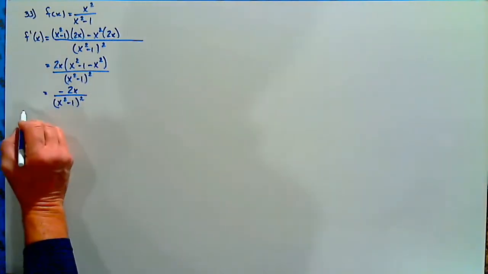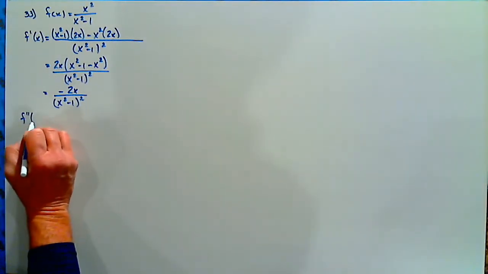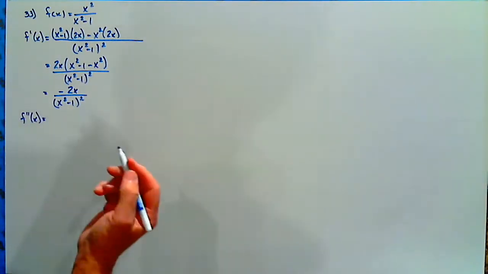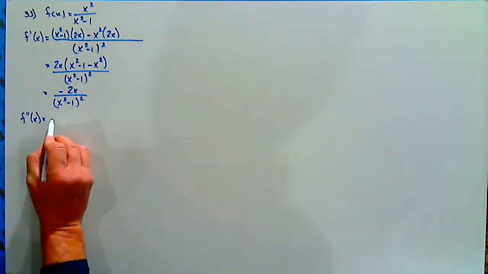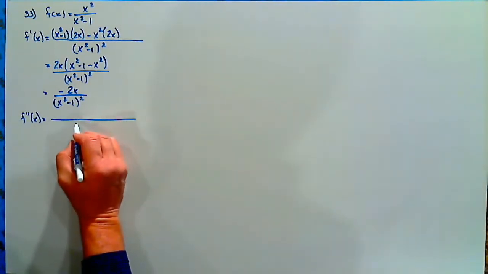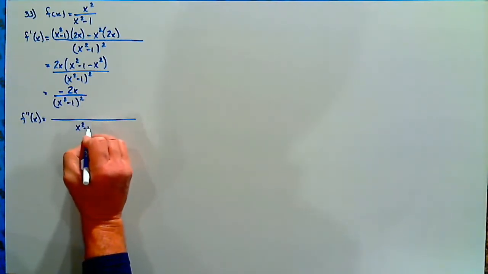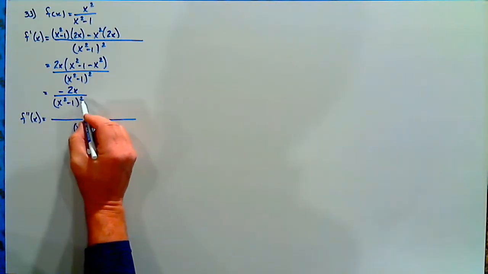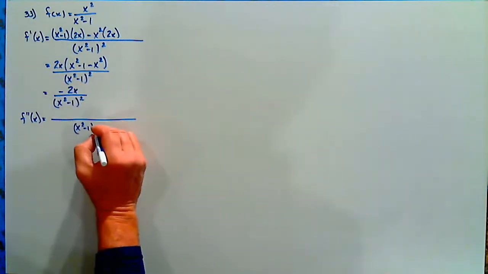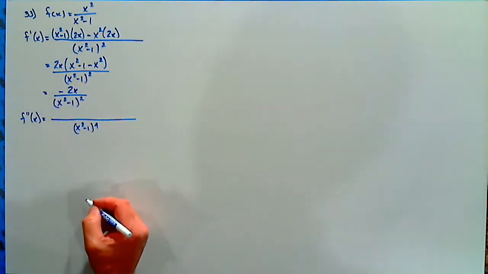Well, we're going to find the second derivative. So we might as well get that out of the way right now. Again, we're going to need the quotient rule. So we'll do our fraction bar. We're going to have x squared minus 1, but now we have it squared, and we're going to square it again, so that's going to be the fourth power.